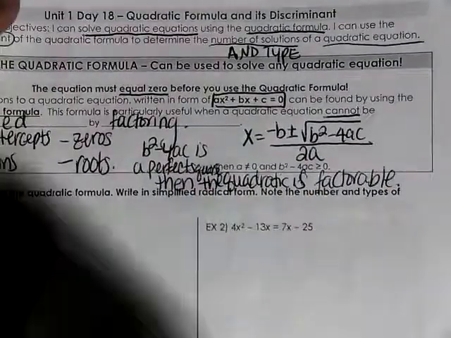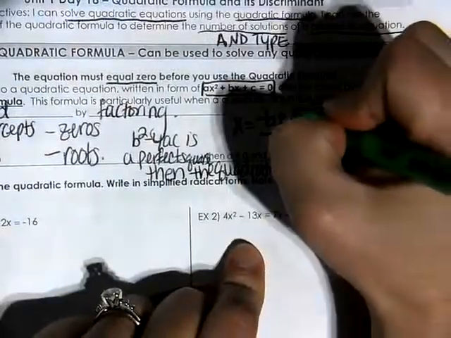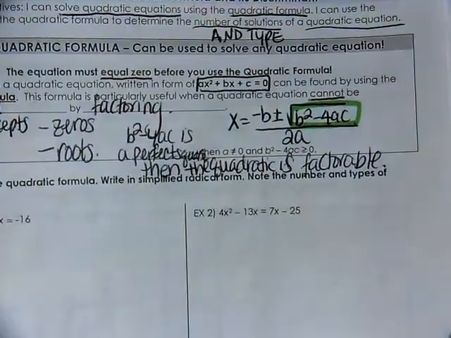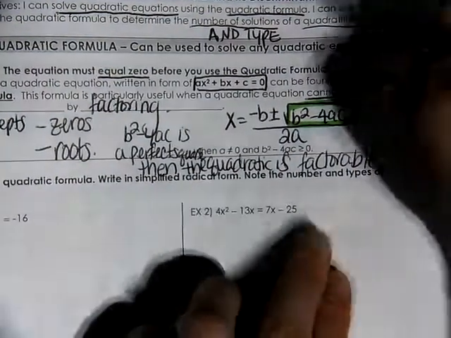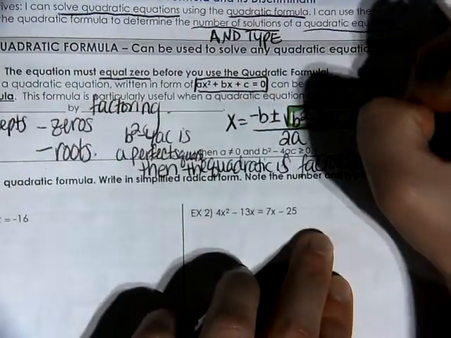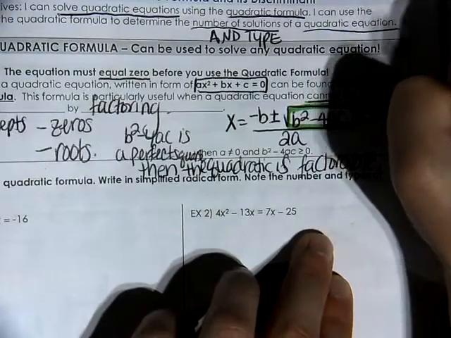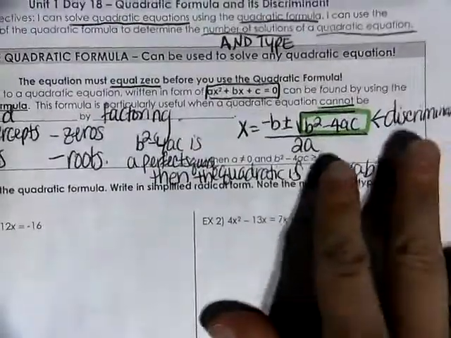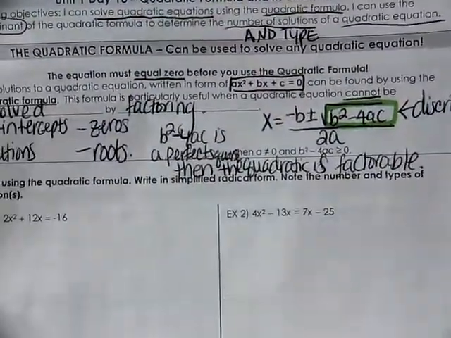That is this part right here, b squared minus 4ac. We use b squared minus 4ac a couple of times. It's called the discriminant.